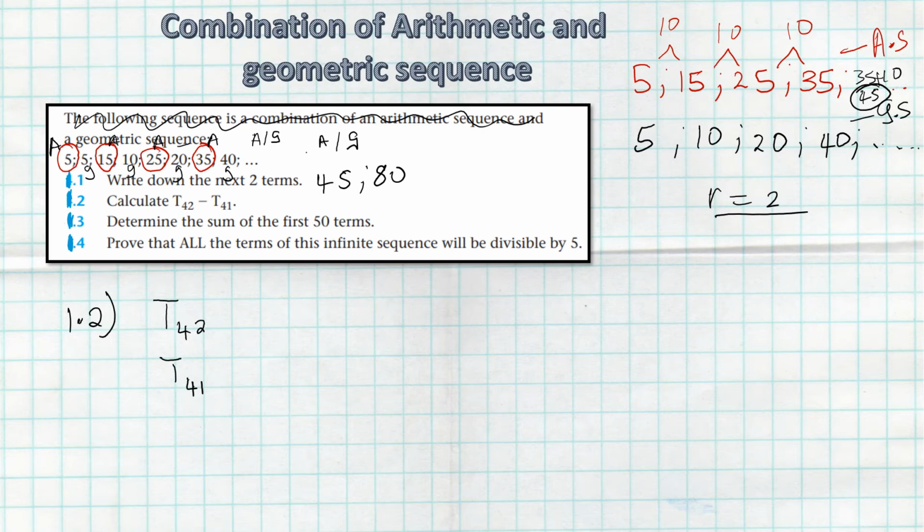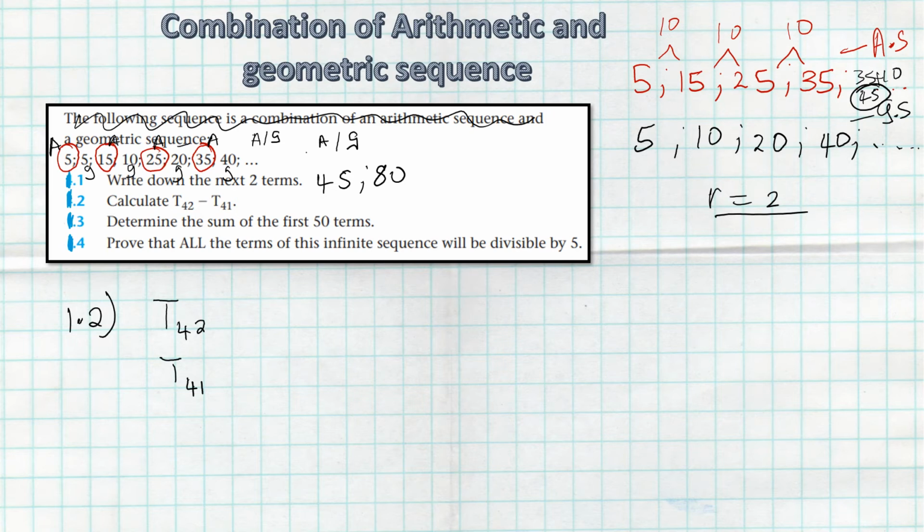Remember this combination, whether T41 is for arithmetic or geometric. Very important. So we first need to know, is term 42 part of an arithmetic or geometric sequence? Is term 41 part of an arithmetic or geometric sequence? We need to know. And how do we know?